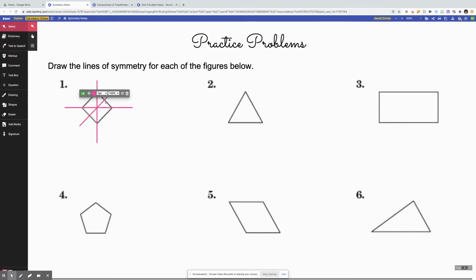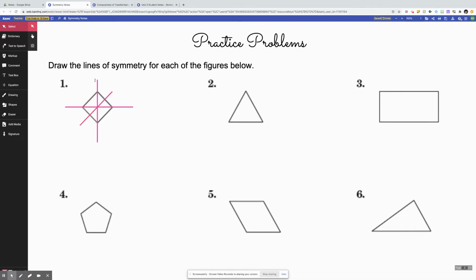But know if you are doing this with me in Kami, you can press shift when you're drawing straight lines, either horizontal or vertical, and it will make the lines perfectly straight. And you can also do it on a diagonal. It'll create an exact 45-degree angle.